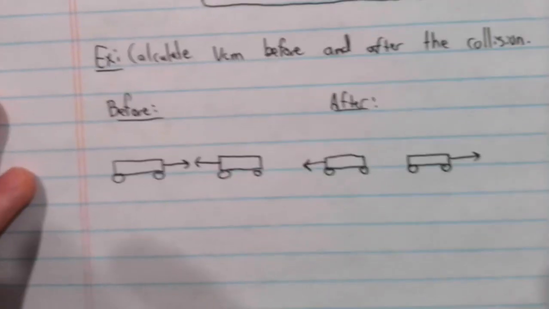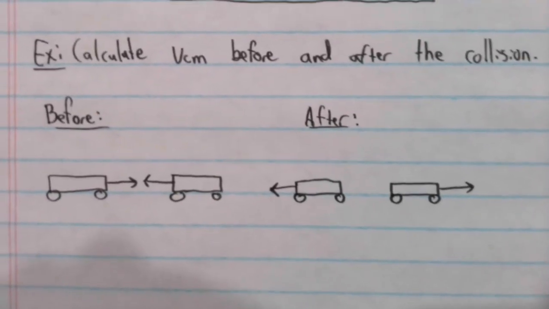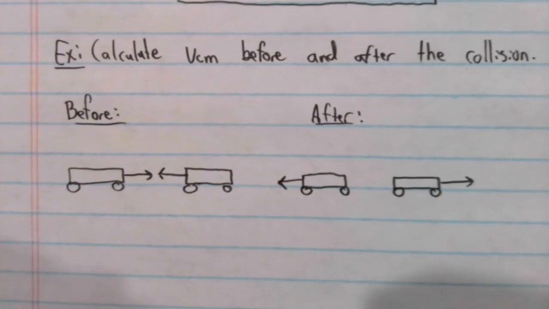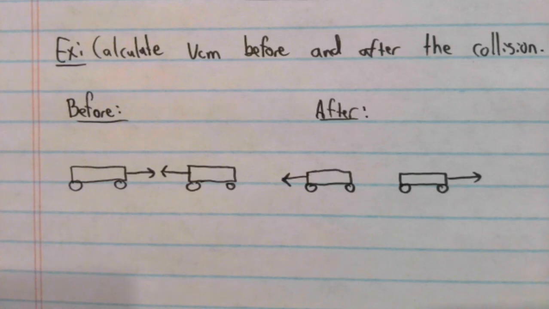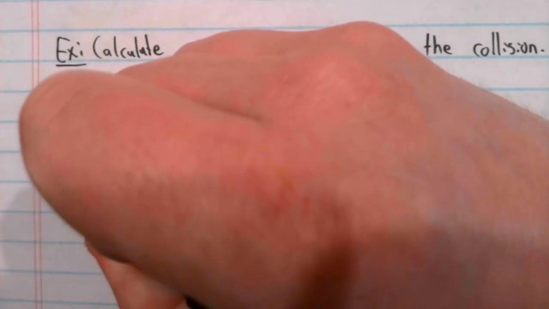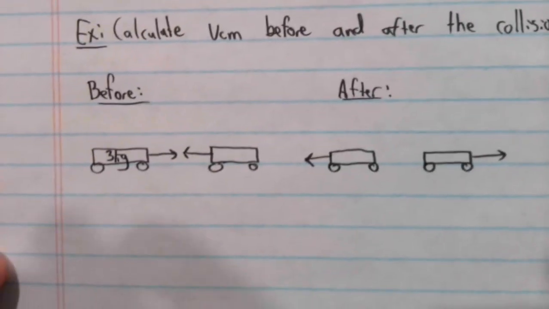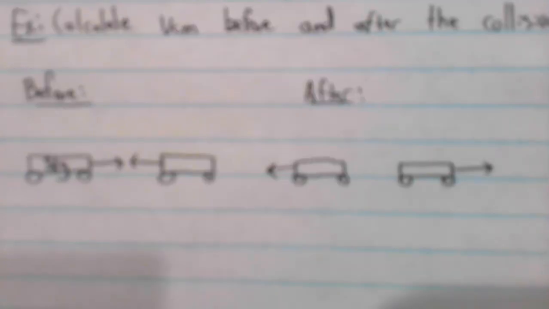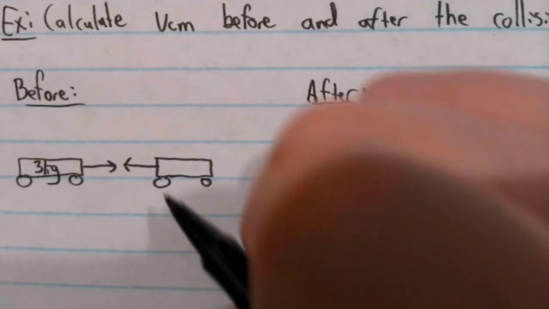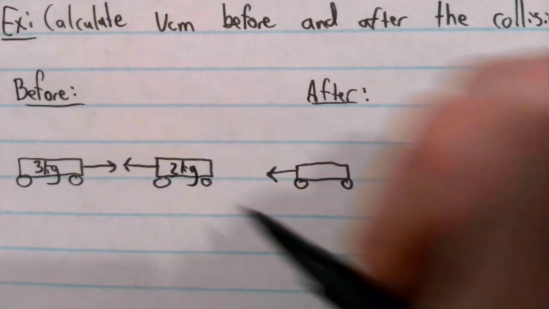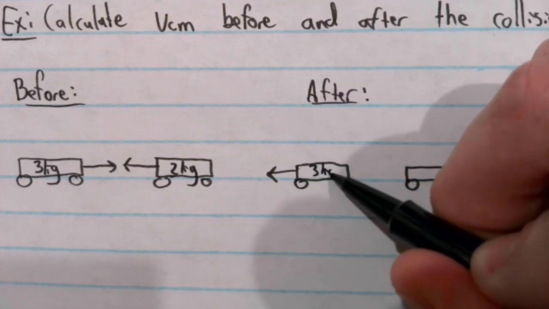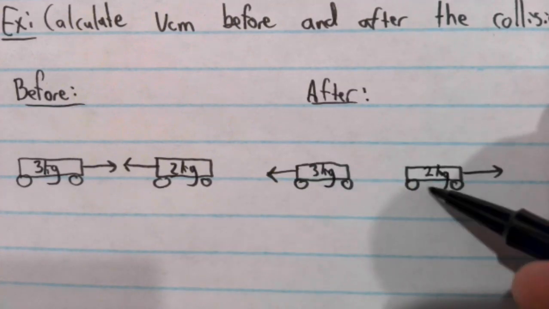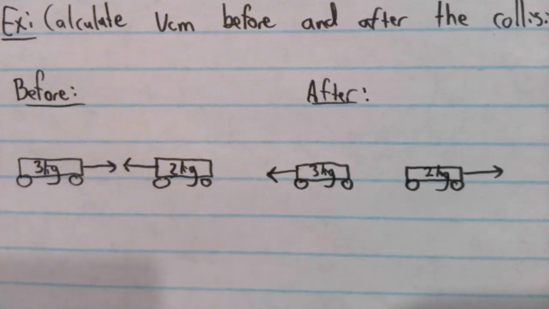And here's our given information. From left to right, the first cart has a mass of 3 kilograms. I'm going to write that inside the cart. The second cart has a mass of 2 kilograms. So we can write that here as well in the after picture. So 3 kilograms and 2 kilograms.